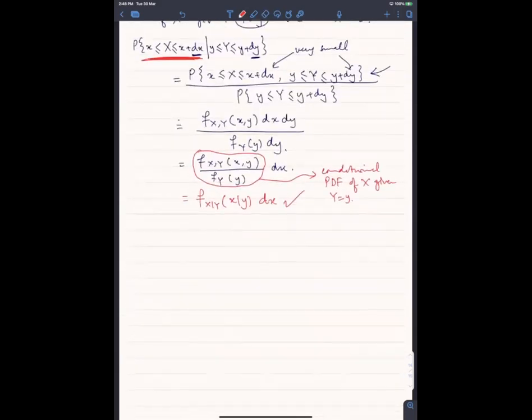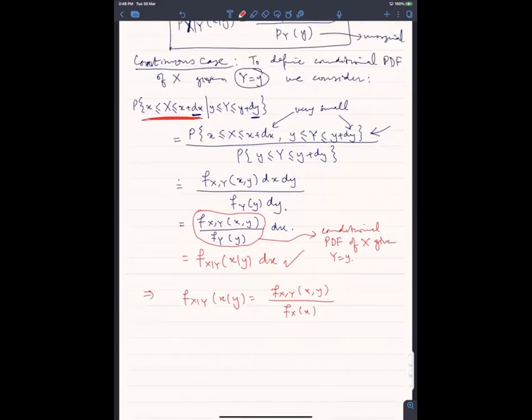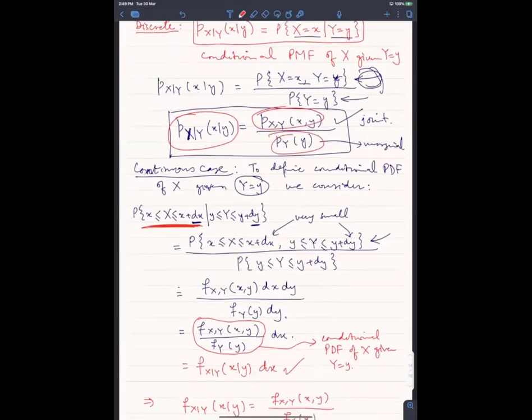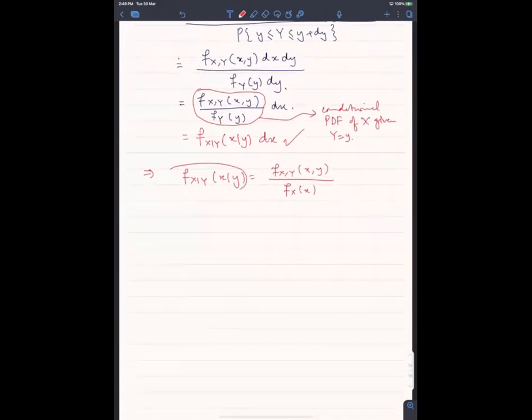Therefore, fxy of x, y is given by this, and just like we had that the conditional PMF was joint divided by marginal, exactly in the same way the conditional PDF is joint divided by marginal. So there is no discrepancy in the definition.